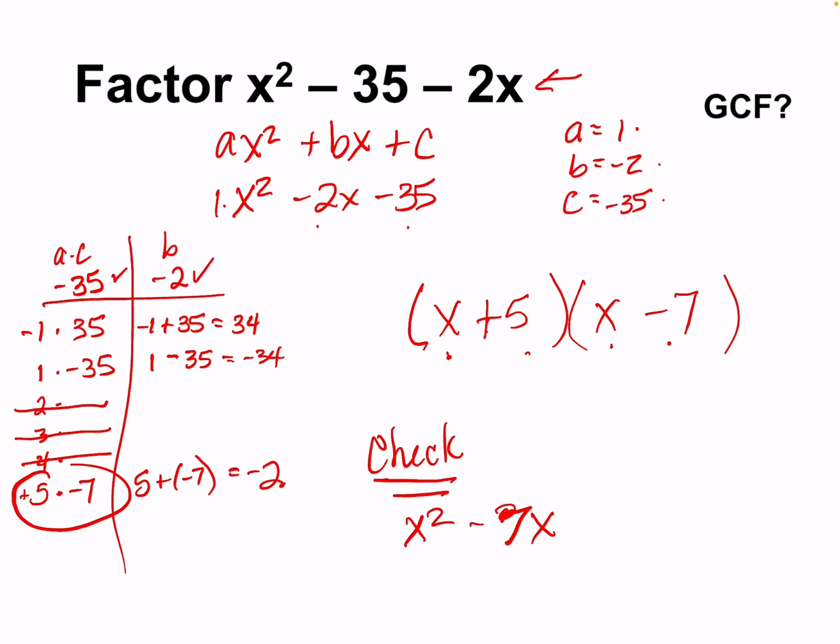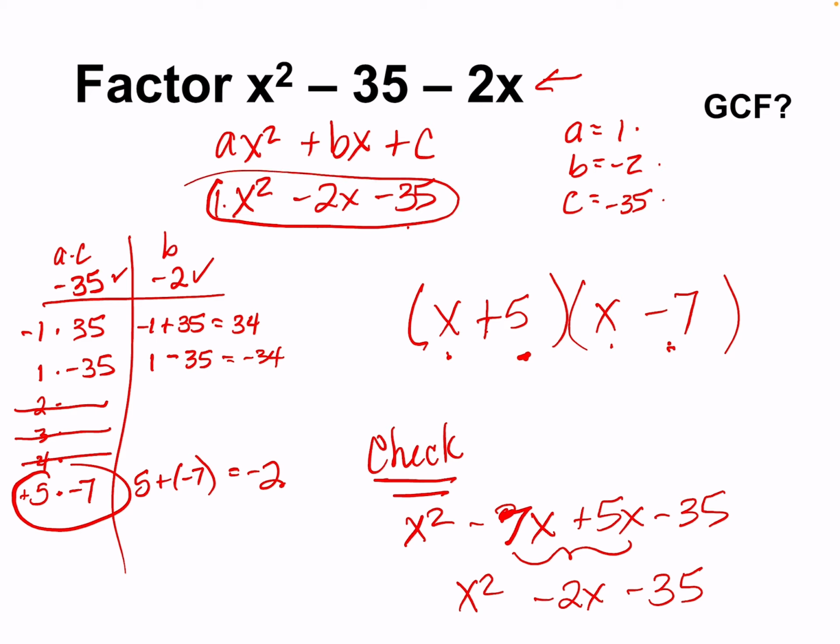Inside two terms gives me a positive 5x. My last two terms multiplied together is negative 35. When I add those two together, I get x squared minus 2x minus 35. Is that where we started? Yes. So that is factored form.